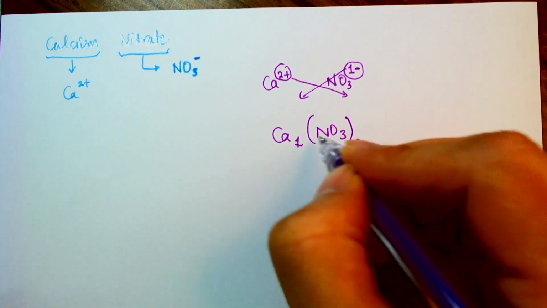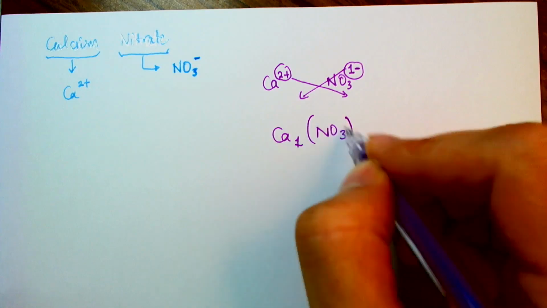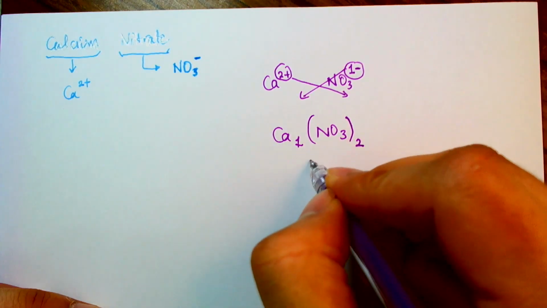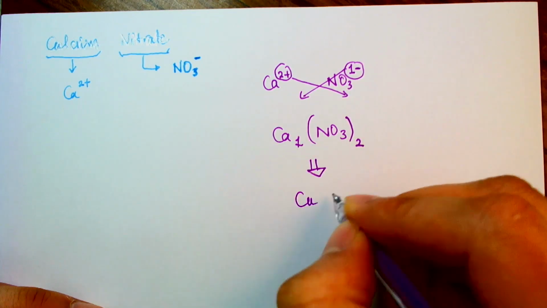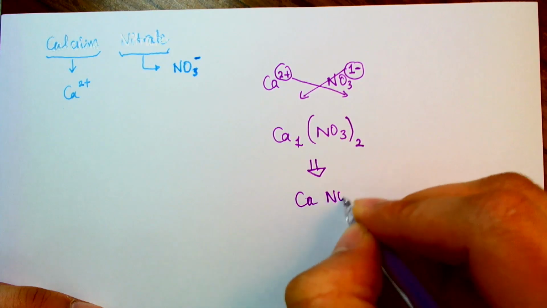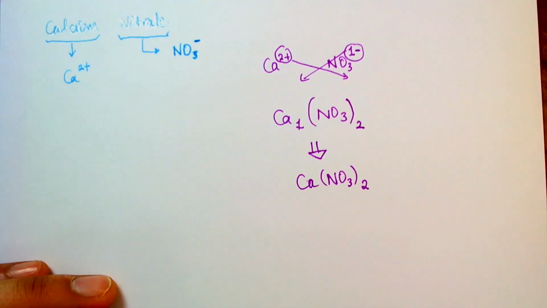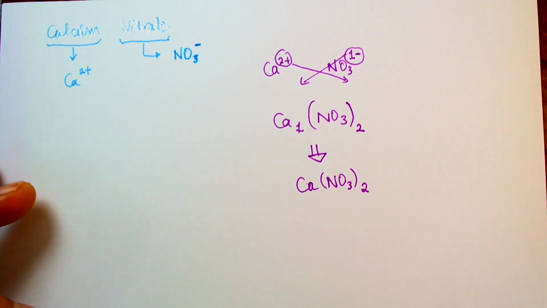So now the 2 refers to the whole nitrate conglomerate. The 1 I can drop. So that's the formula for calcium nitrate.